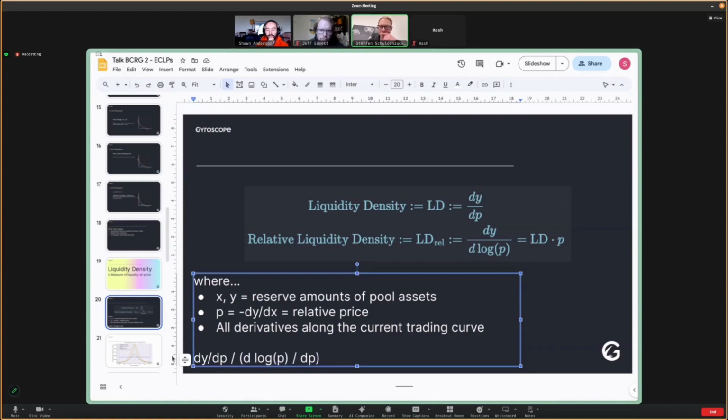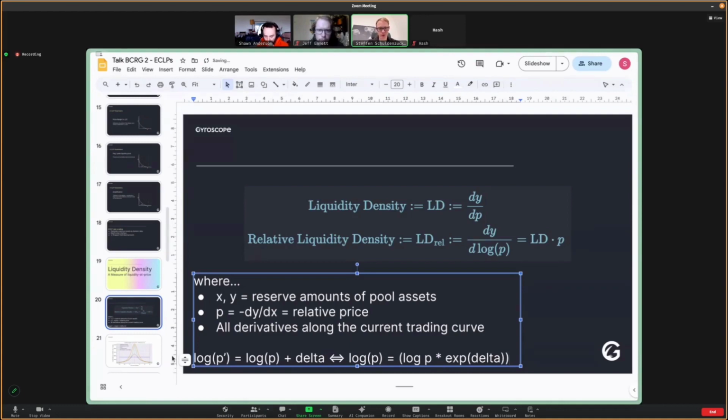And now why is this formula the right place to start? Well, let's say log p prime is equal to log p plus some delta, and that's the same as saying log p times x delta, right?